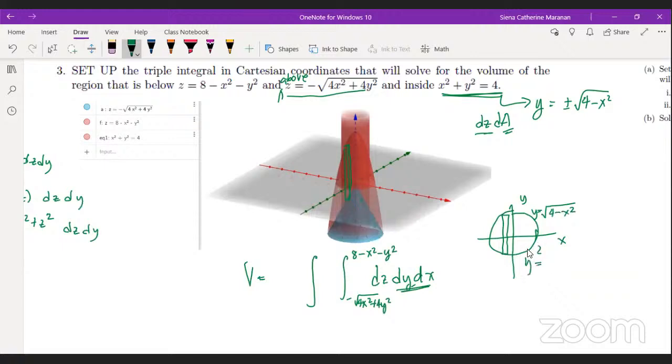Yung sa baba, itong part na to, is y equals negative square root of 4 minus x squared. Okay? So, yung bounds natin for y ay ito lang. Okay? So, we have negative square root of 4 minus x squared up to square root of 4 minus x squared. Okay, and then lastly, for the values of x, mula lang siya dito negative 2 hanggang positive 2. Hence, yung bounds natin for this integral is negative 2 to positive 2.